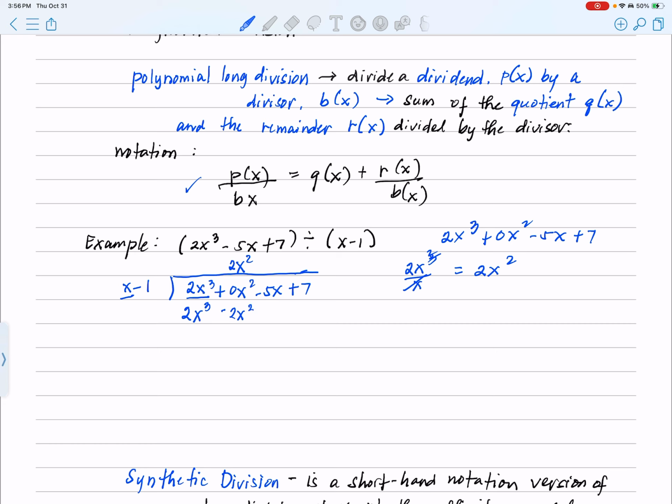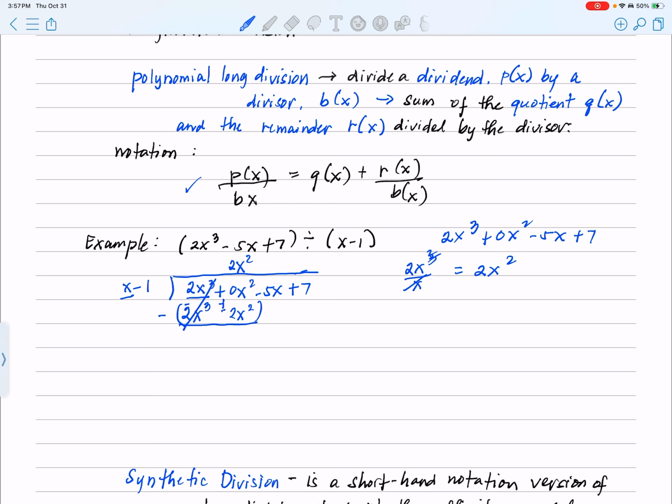Okay, so what are we going to do? Subtract the product from the first part of the dividend. When I subtract this, the sign inside will be changed. So I can cancel the first one right here.